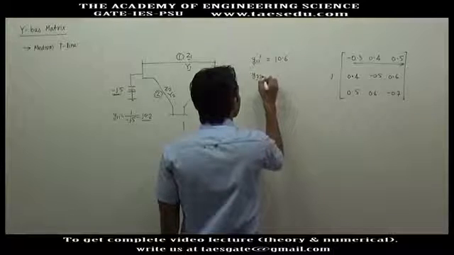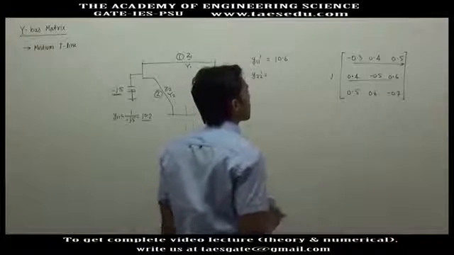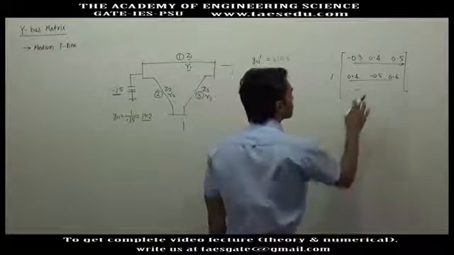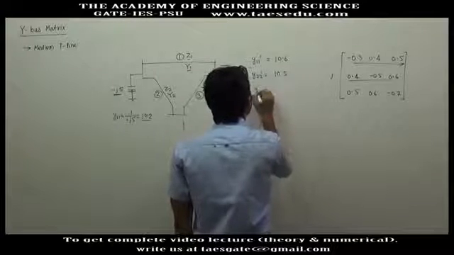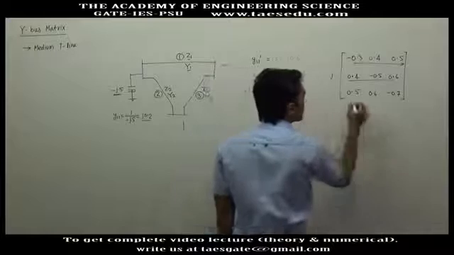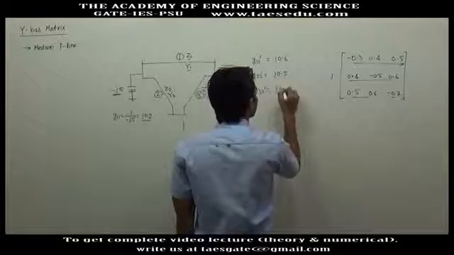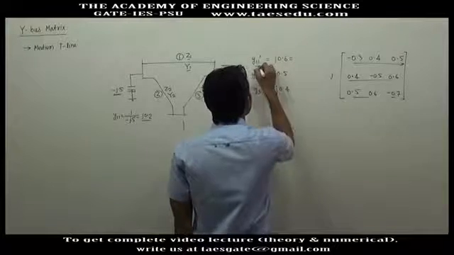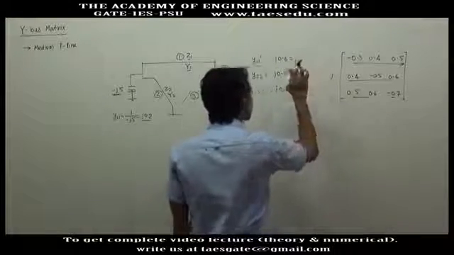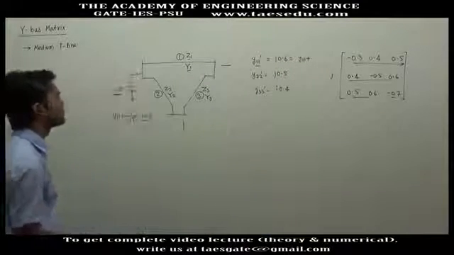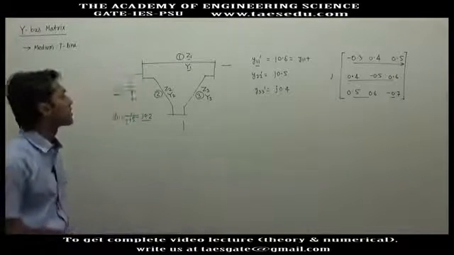Similarly, what will be Y22 dash? Addition of these quantities will give you j0.5. Similarly, Y33 dash will be j0.4. And what is Y11 dash? It is the original shunt element admittance plus the shunt admittance due to the transmission line.